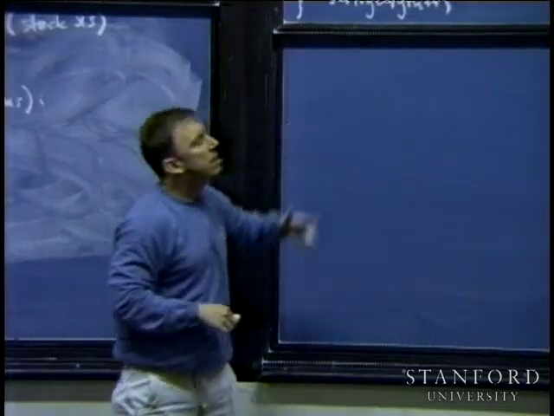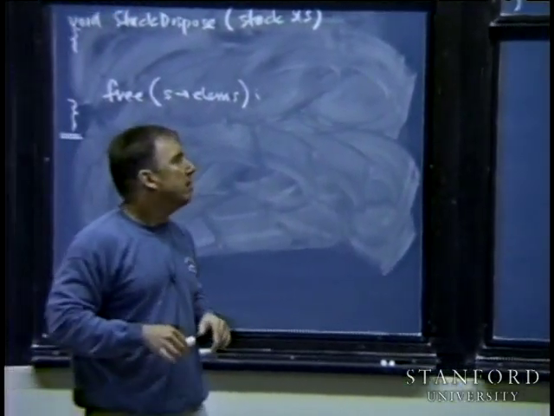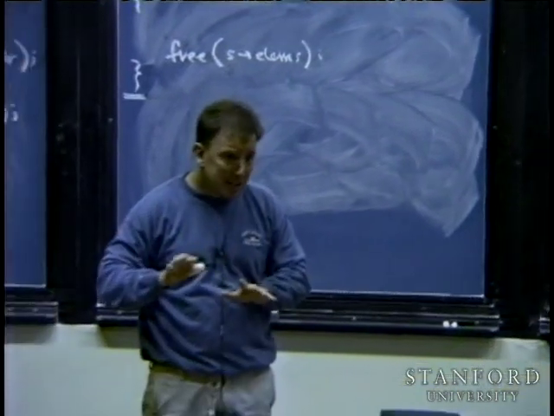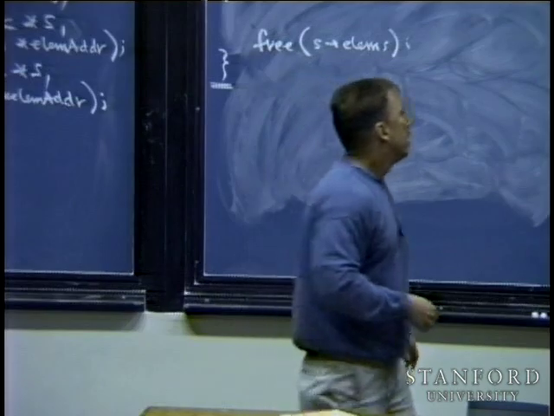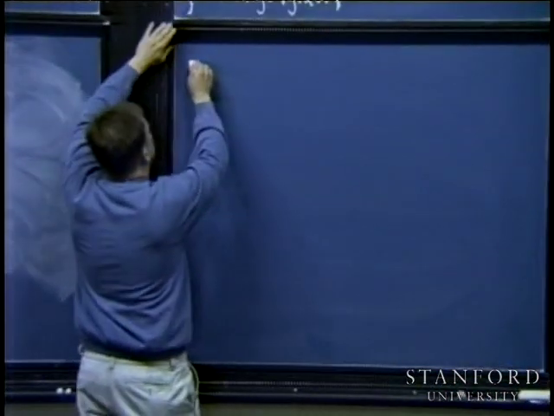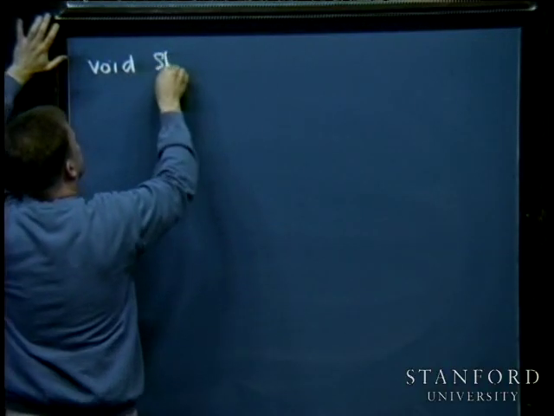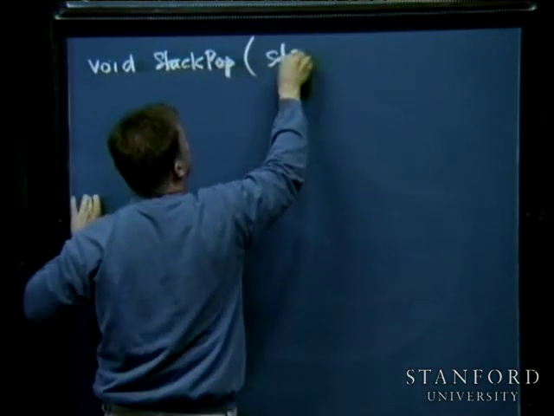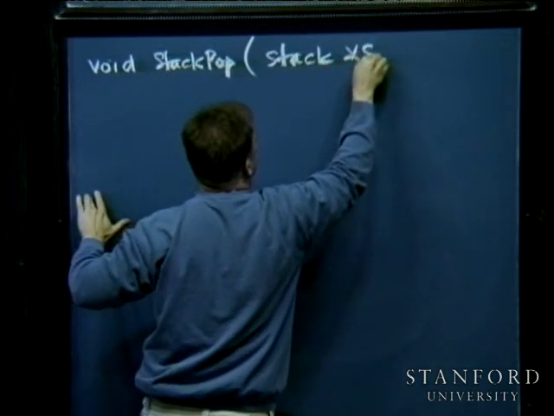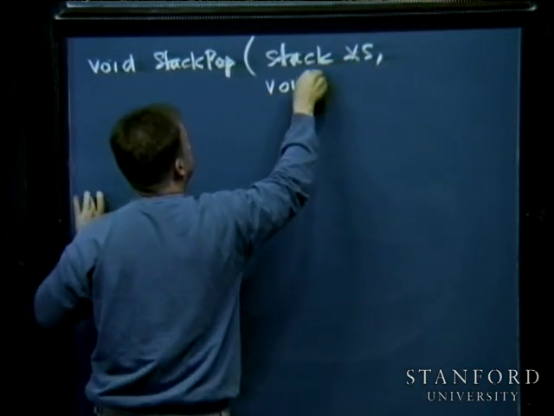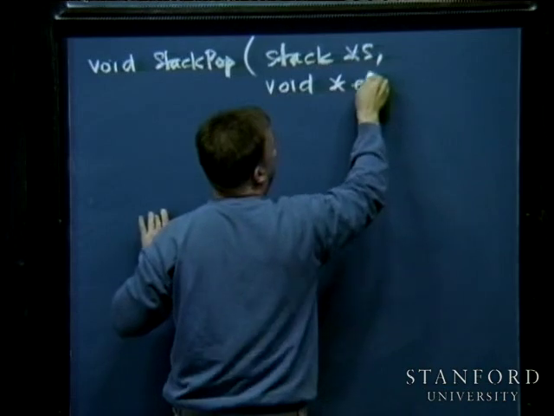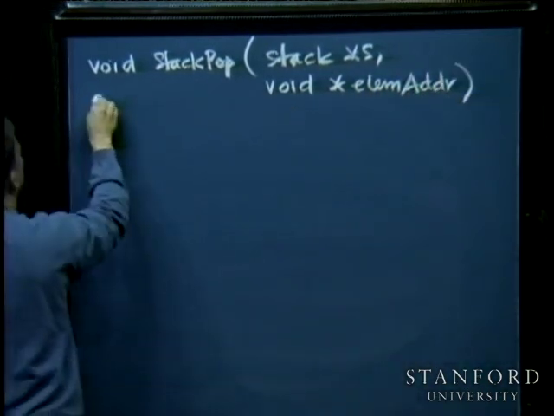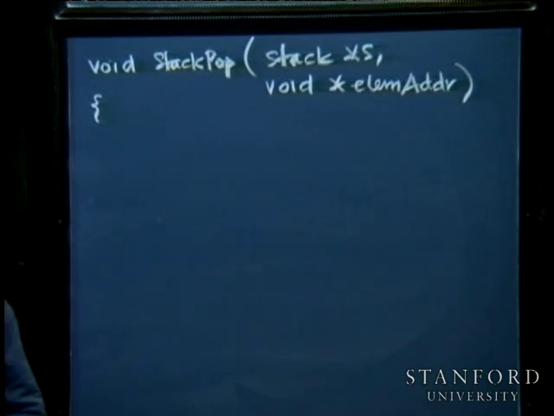There's that. Algorithmically, the function that's most different from the integer version actually is this StackPop call. This is how I want to implement it. void StackPop. I'm popping from this stack right here. I'm placing the element that's leaving the stack and coming back to me at this address. There's no stack shrink function to worry about.